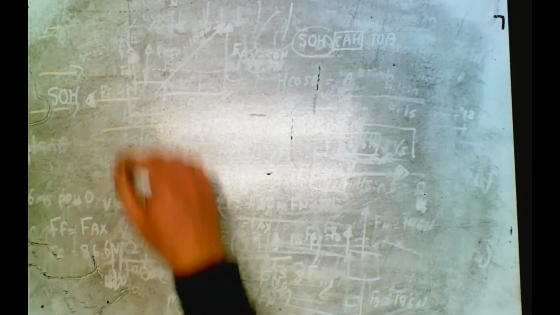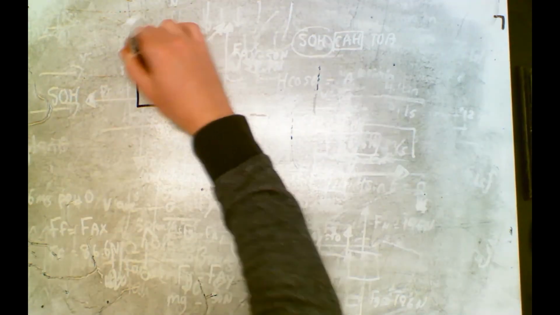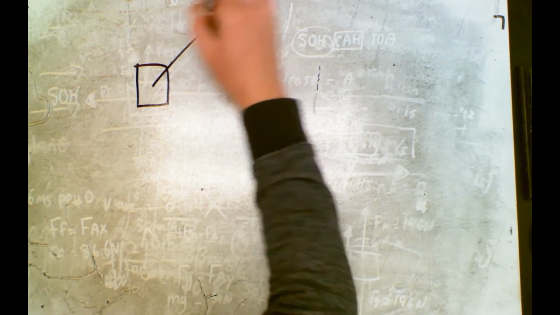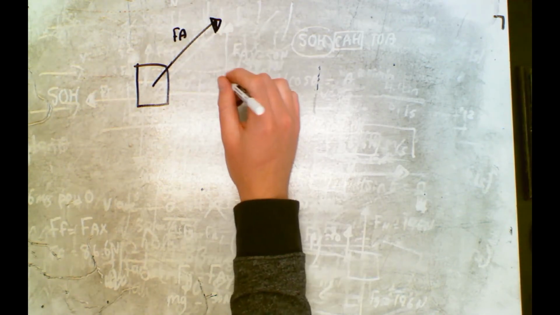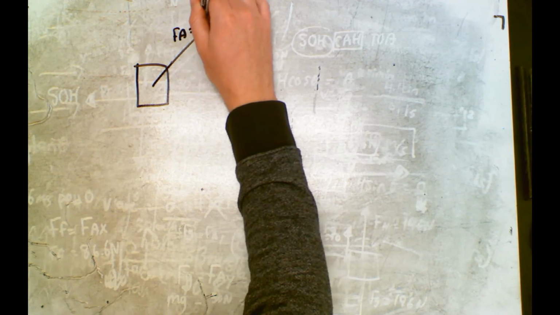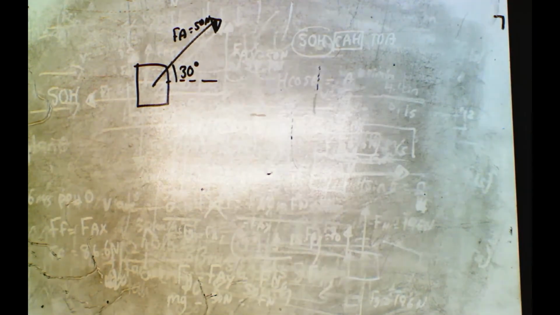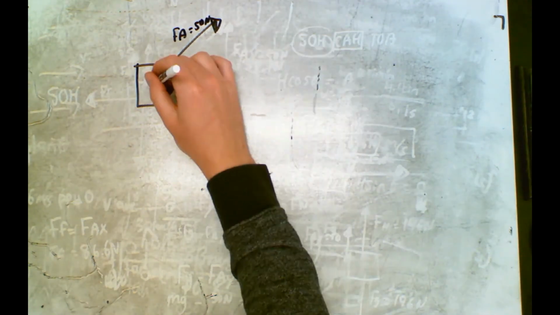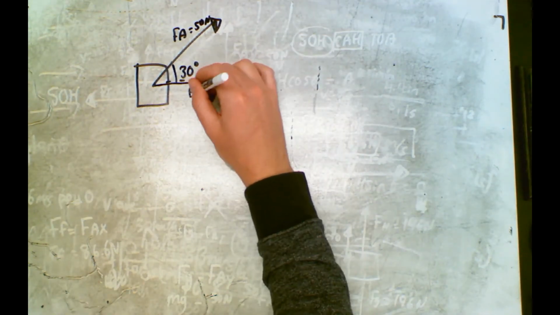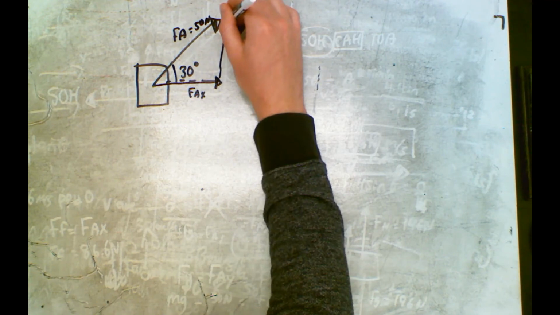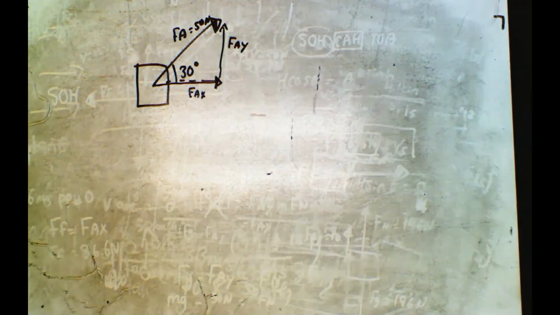Okay, so this one's a little bit different because it's accelerating, but our free body diagram is going to be pretty similar. We have a force applied of 50 newtons. We have an angle of 30 degrees here. So within this is going to be a force applied in the x and a force applied in the y.